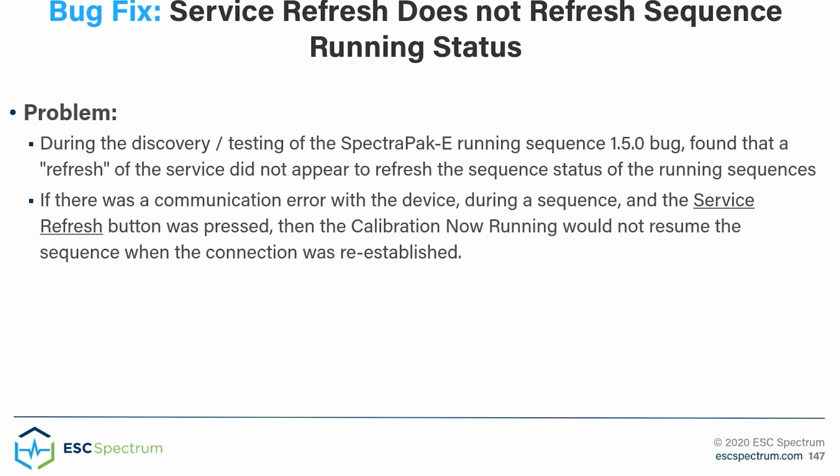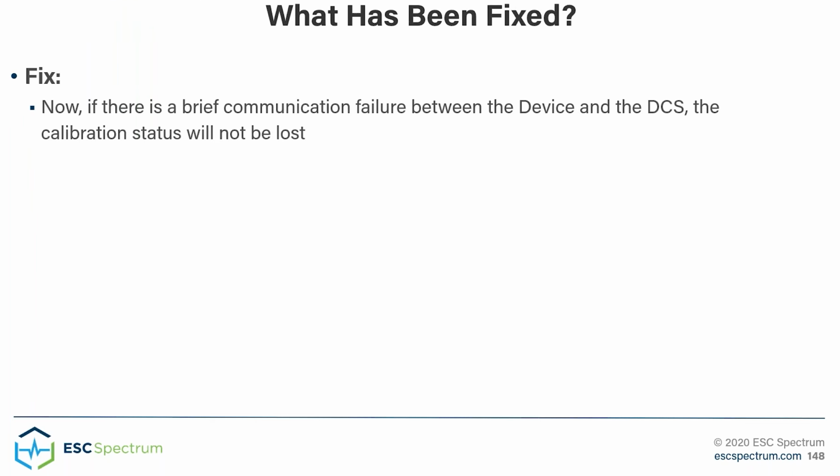So if there was a communication error with the device during a sequence run and the service refresh button was pressed, then the calibration now running wouldn't resume the sequence when the connection was reestablished. So now if there's a failure in communication, once the communication comes back online, it'll pick up where it left off.